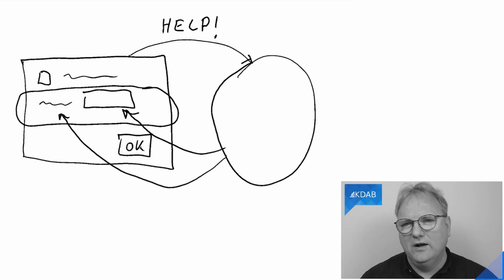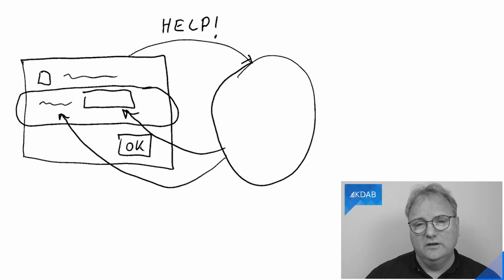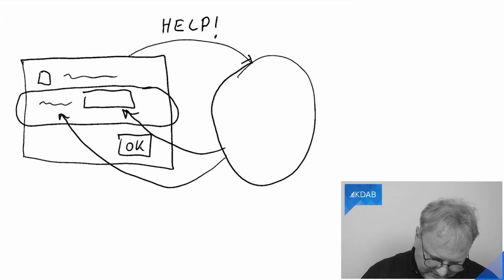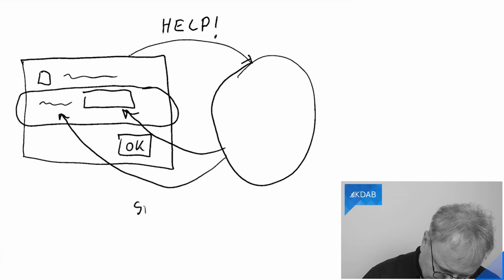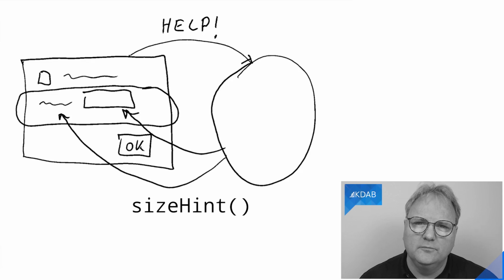And the label would say, well, give me 300 pixels. That would be awesome, because then I can show everything that needs to be shown here. And the line editor will say, well, in a perfect world, give me 400 pixels. Then there's enough text space here to be showing this. What it's basically doing is calling a method on these that is called sizeHint.